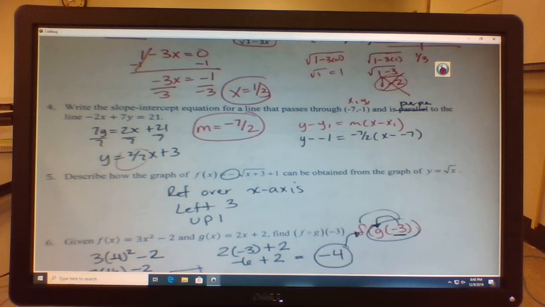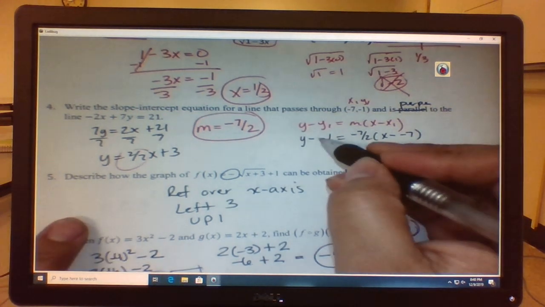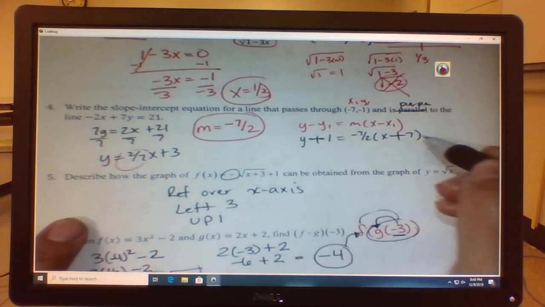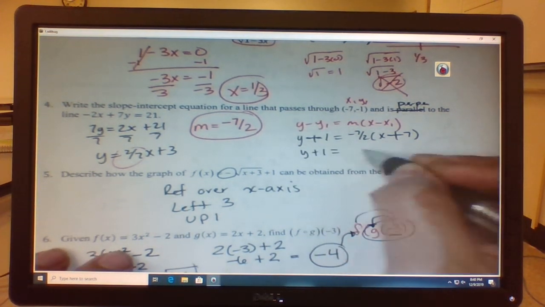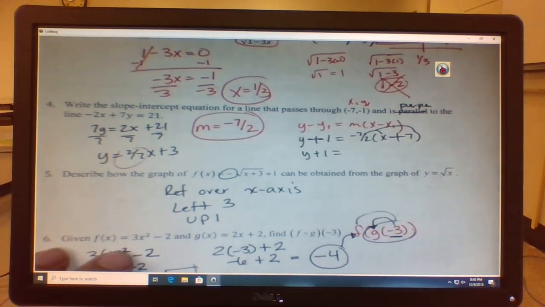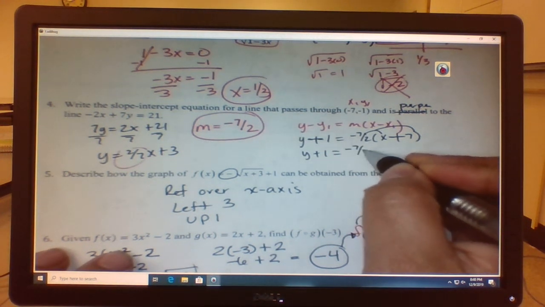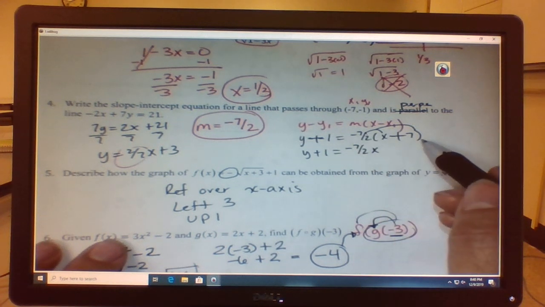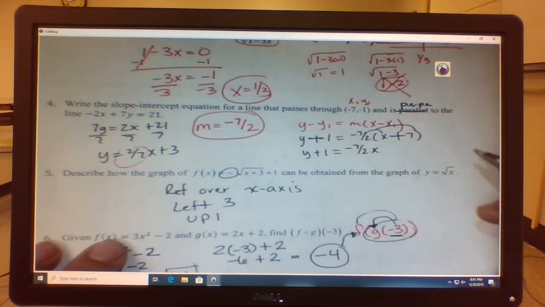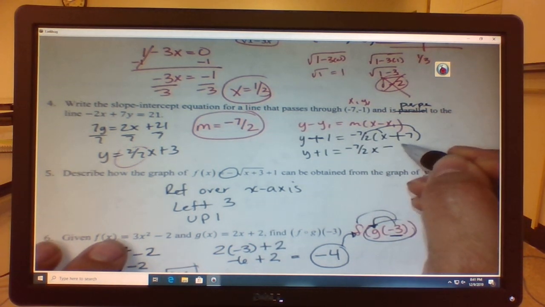So y plus 1 equals, those become pluses. So I have y plus 1. We distribute. So it becomes -7/2x. And what's a -7/2 times the 7? -49/2.